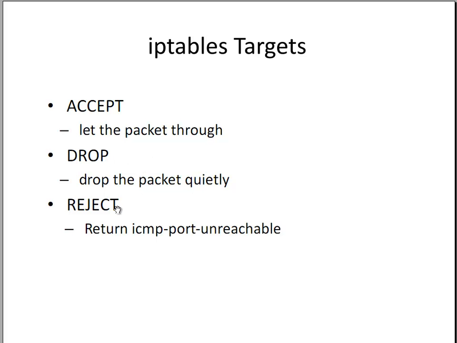However, if we used reject, that would tell the intruder that that port is up but is unreachable, which could give the intruder some intelligence with respect to the kinds of services that we're running on our computer. So there are consequences in terms of security as to whether we use drop or reject for incoming packets that we don't want to process into our network.